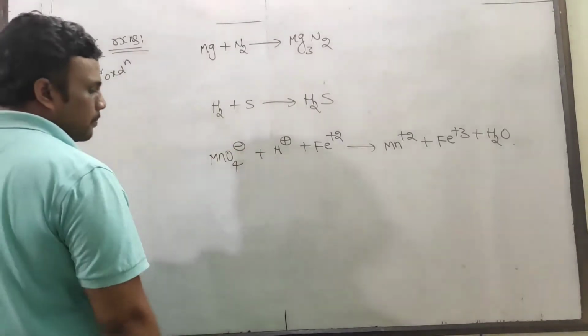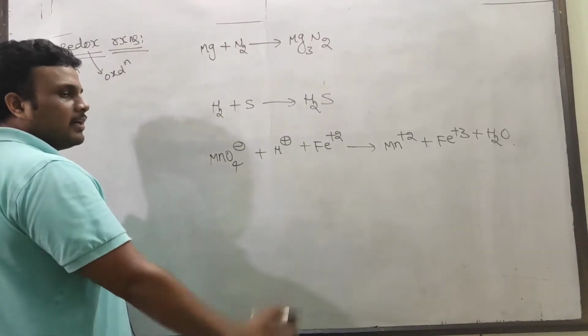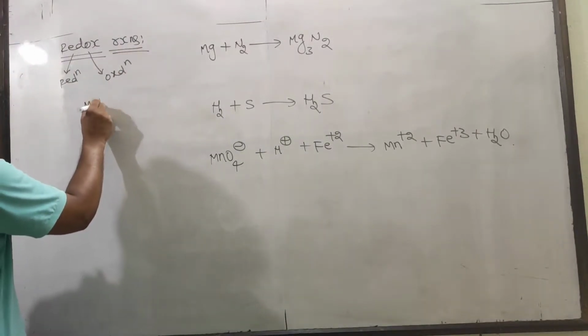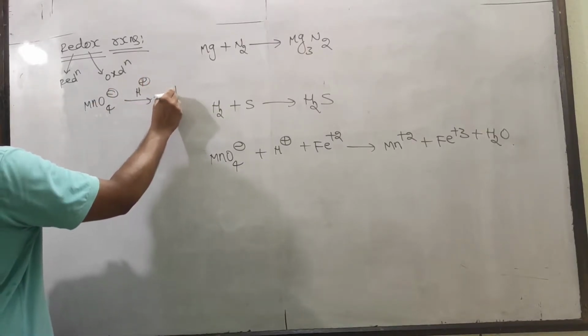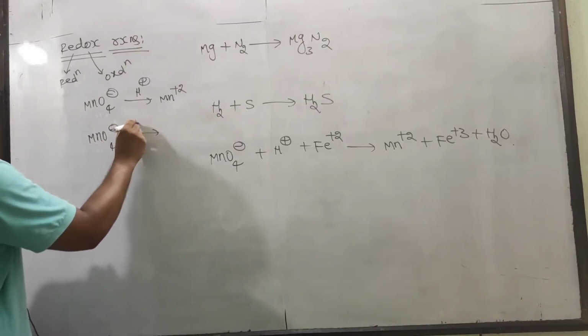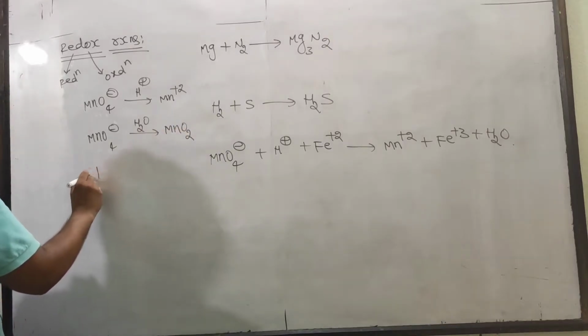Permanganate in acidic medium changes to Mn+2; permanganate in faintly alkaline medium or neutral medium changes to MnO2. These are fixed.